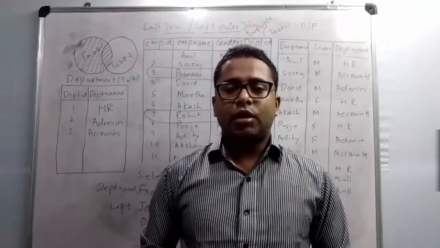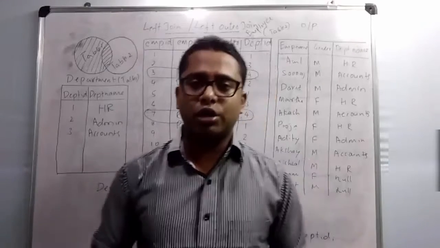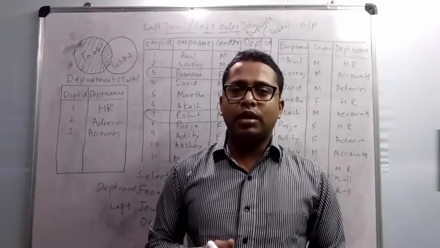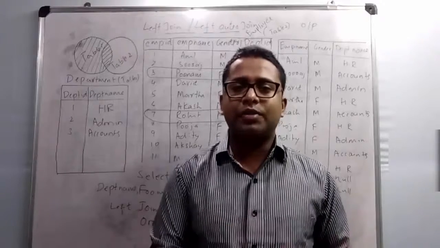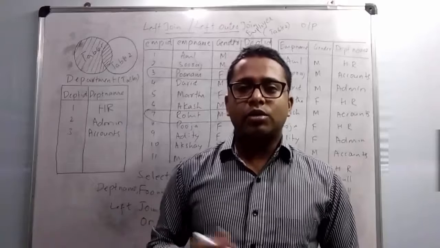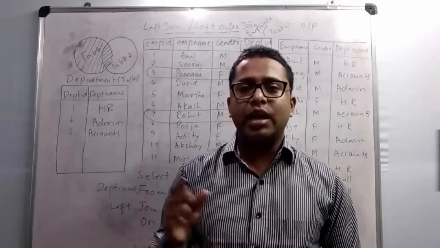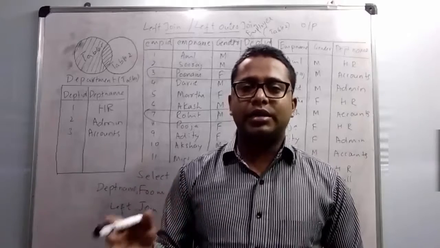Now let us discuss the second type of join, which is the left join or left outer join. Left join will return all the records from the left table and the matching records from the right table. We are having two tables. Employee is the left table, and department is the right table.